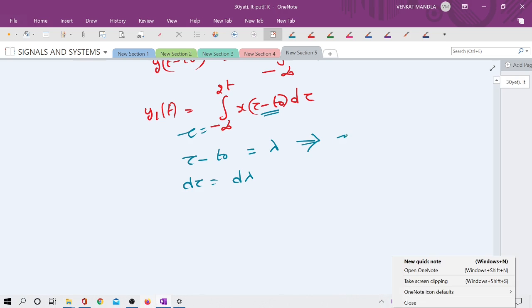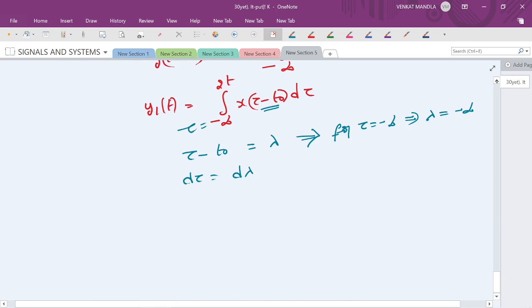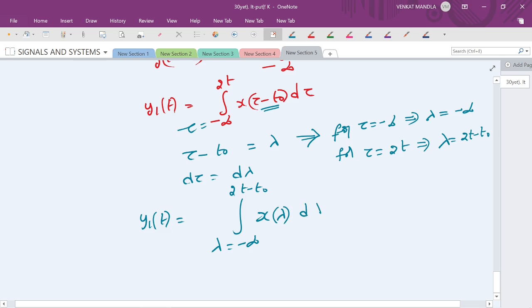For tau equal to minus infinity, lambda is also minus infinity, the lower limit. For tau equal to 2t, lambda equals 2t minus t naught. So substituting all these, y1(t) equals the integral from lambda equal to minus infinity to 2t minus t naught, this is the upper limit, of x(lambda) d lambda.